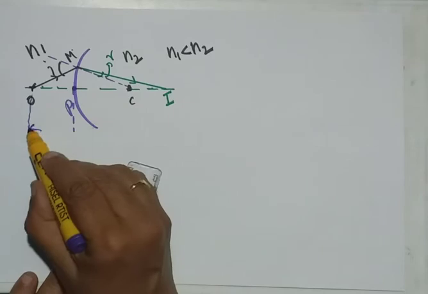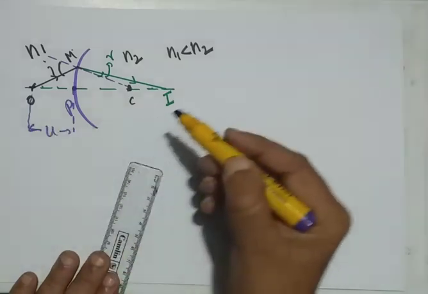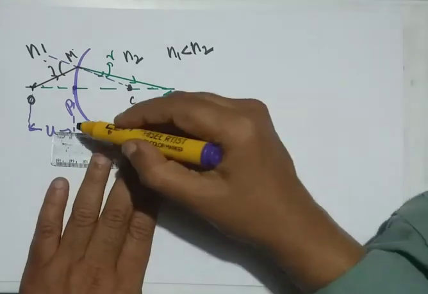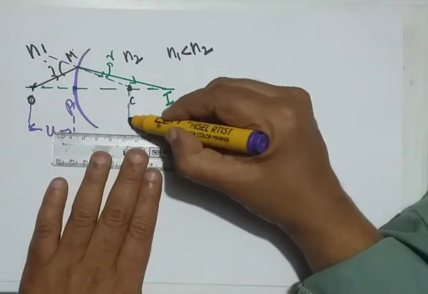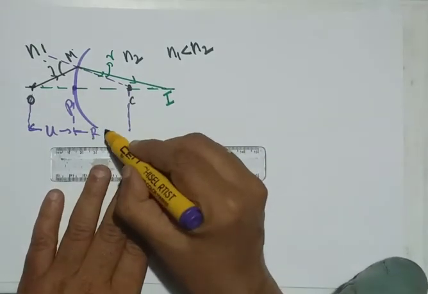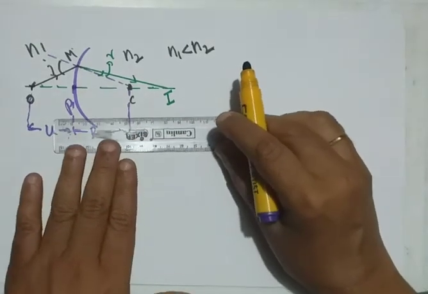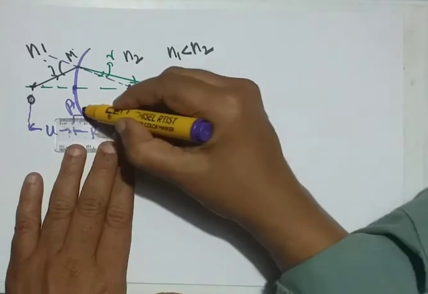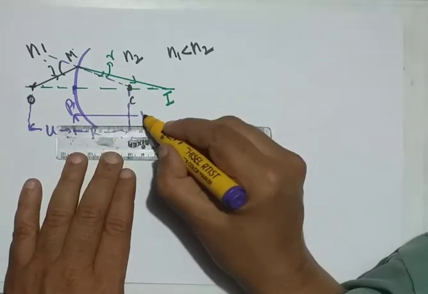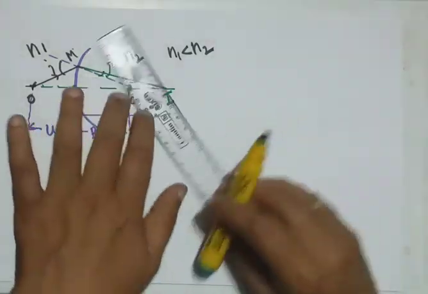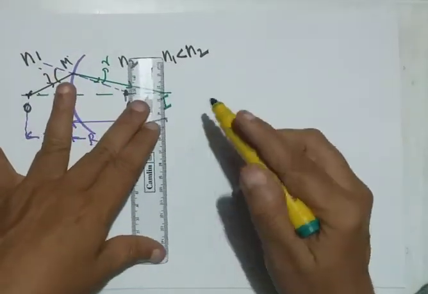This distance we call the object distance, and this distance is the radius of curvature, and this distance is V, the image distance at which the image is formed.